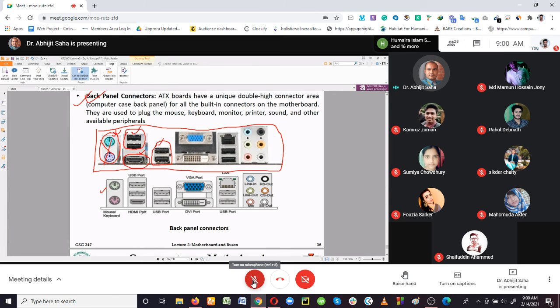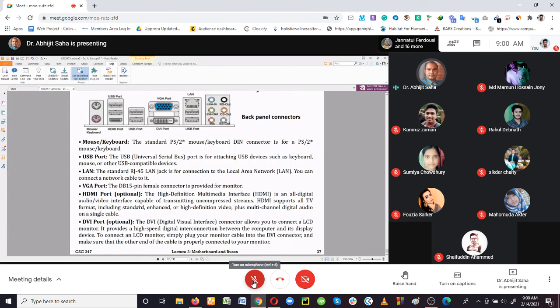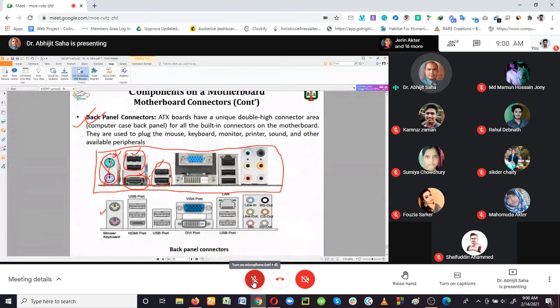This is the high definition multimedia interface. It is one of the high speed ports that can be used for high definition devices, like a DVD player or an advanced multimedia player.